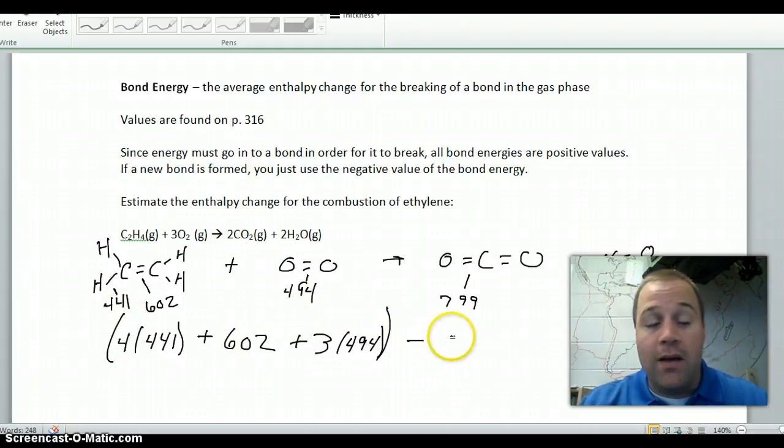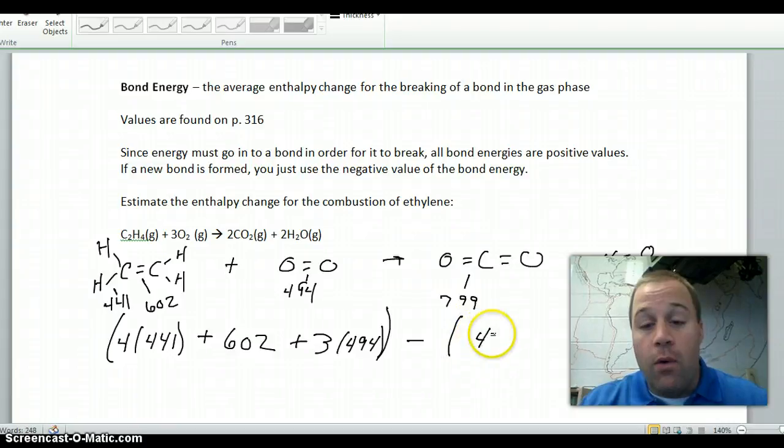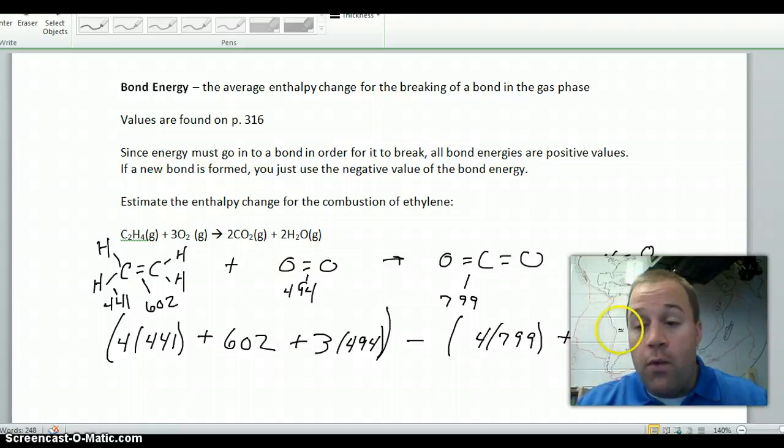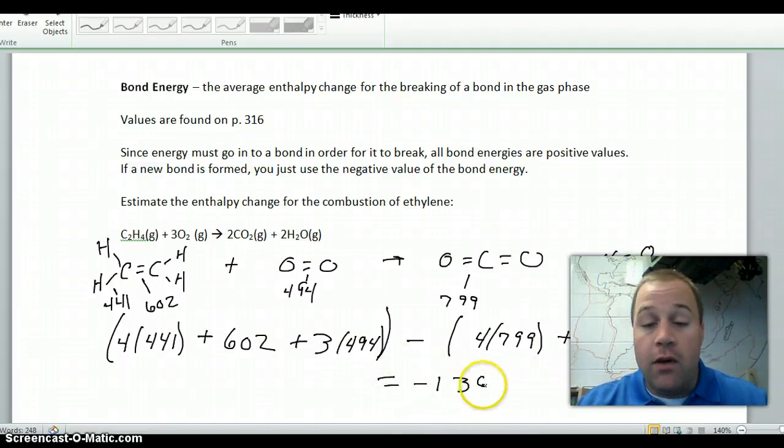Now we subtract the sum of what came out. There are 2 CO2s, and each CO2 has 2 double bonds, so there are 4 times 799, plus 4, because there are 2 waters, times 459, because each water has 2 single bonds. When you do this, you end up finding that the value is negative 1304 kilojoules.